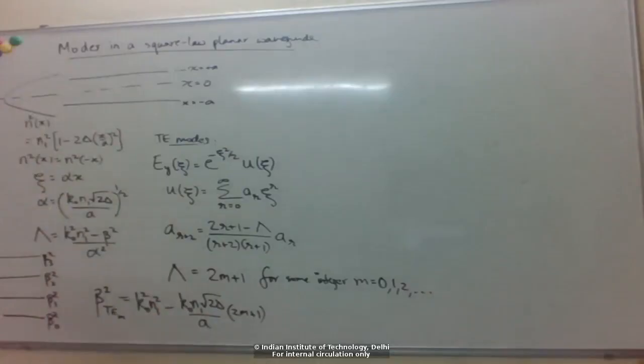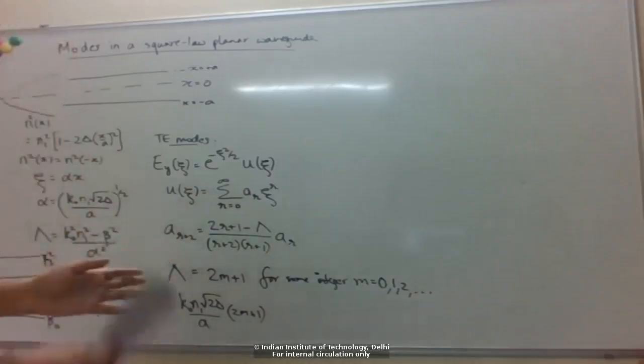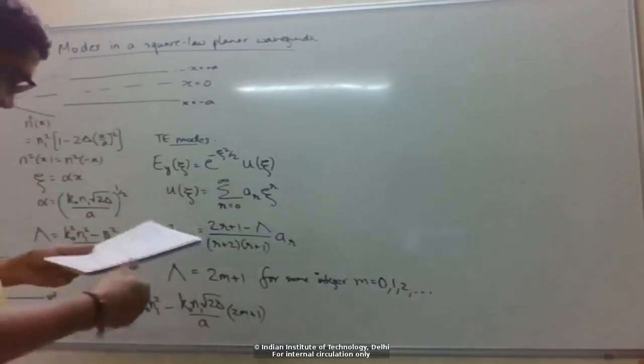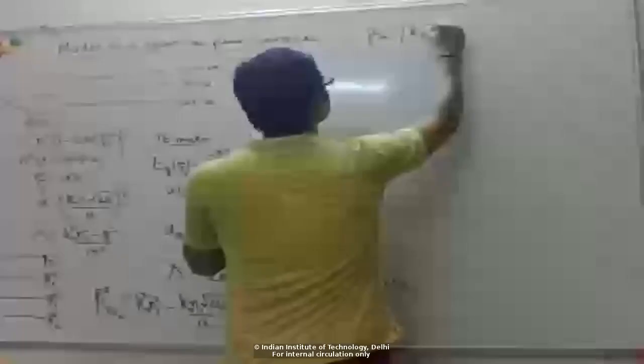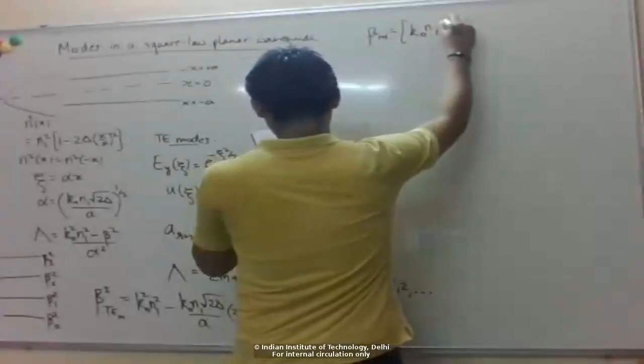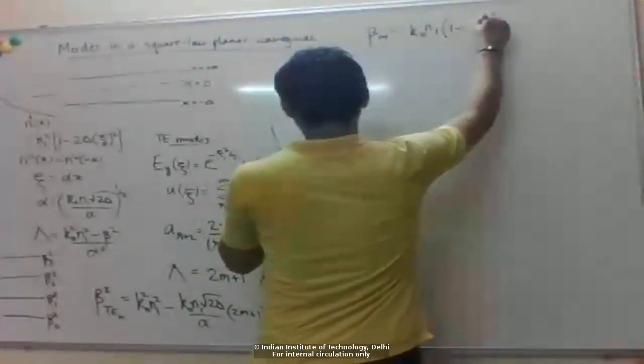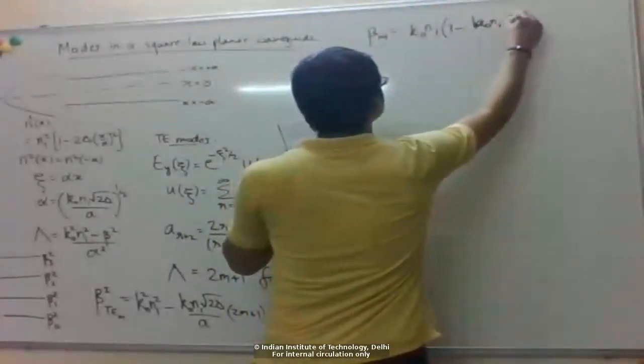One thing you can see from here is that, recall when we were discussing ray paths, we saw how going to a graded index medium like this can help us reduce the intermodal dispersion, the pulse broadening that we get compared to a step index. So beta is like that.